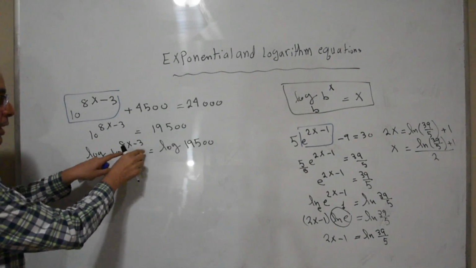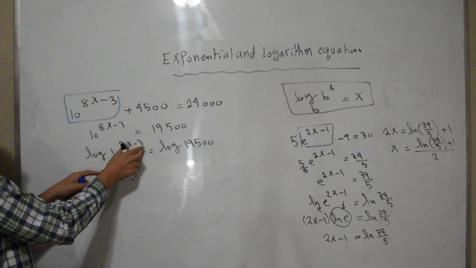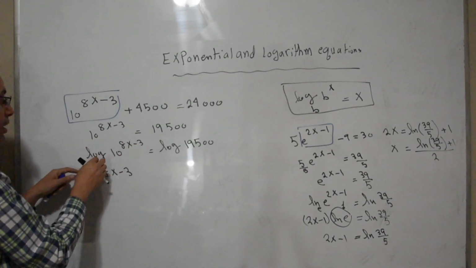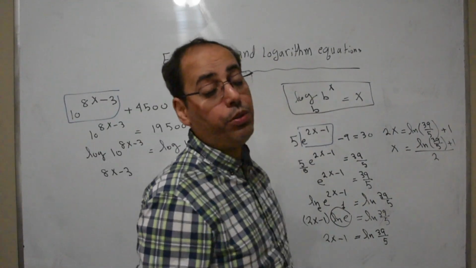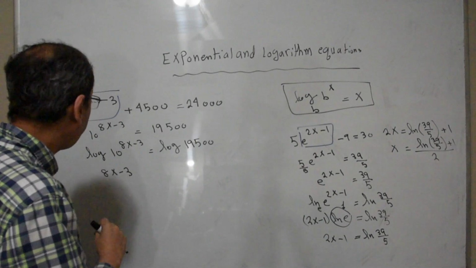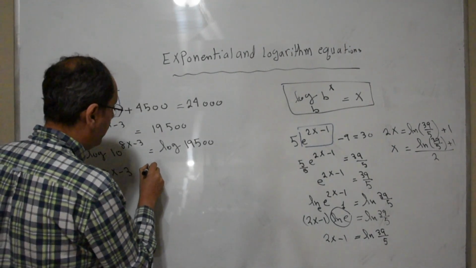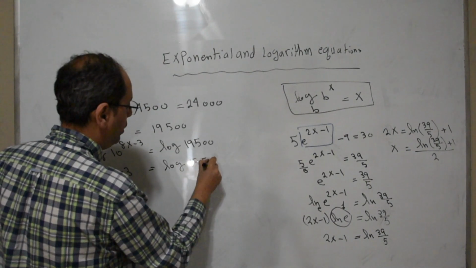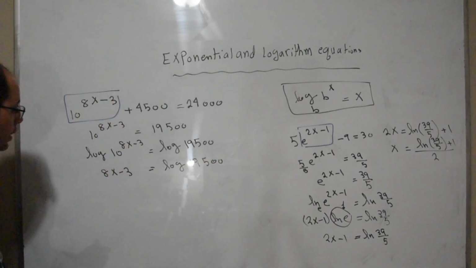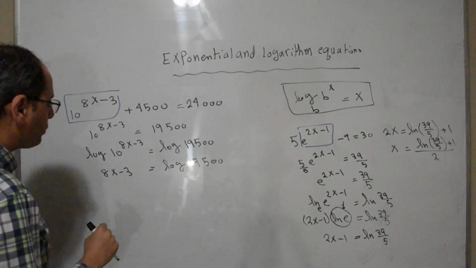If you don't believe me, use the power rule, get the 8x minus 3 here, and then log base 10 of 10 is the same like log b of b, which is 1. Okay? So this is equal to log of 19,500.